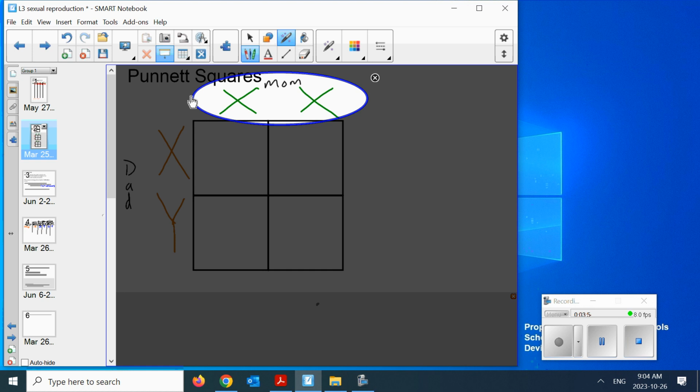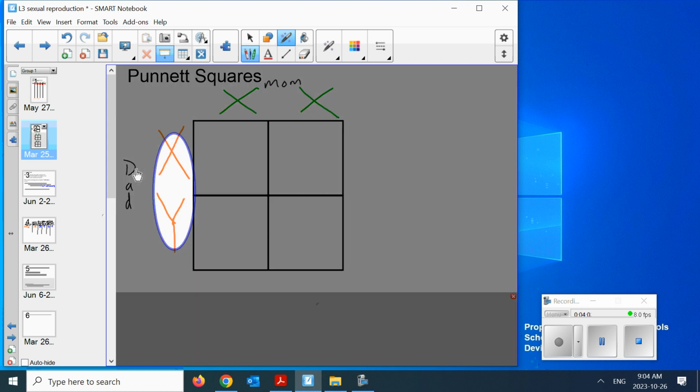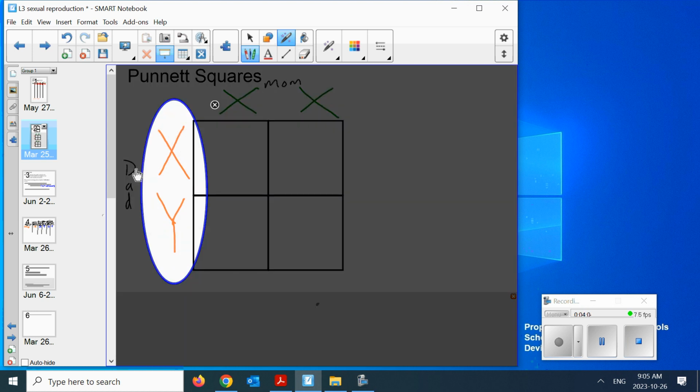That's the way that's determined. A sperm cell donor, often called a dad, can donate an X or a Y chromosome, and that's how a genetic male is coded.